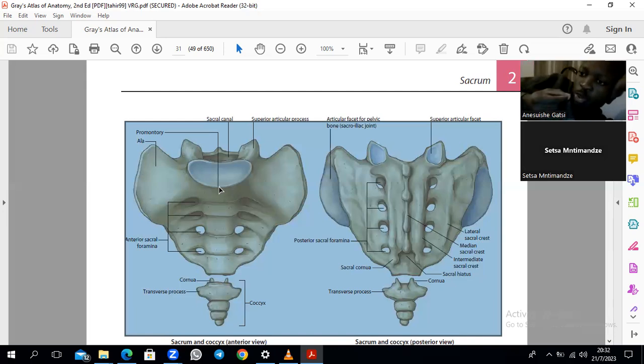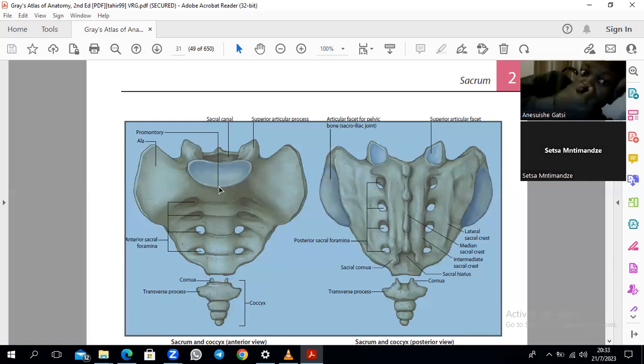This sacral promontory projects more in males, such that when we do the pelvic inlet in pelvis anatomy, you're going to find that the inlet for the males is android or heart-shaped, compared to the female one, which is almost oval, because this sacral promontory will be almost flat in a female.